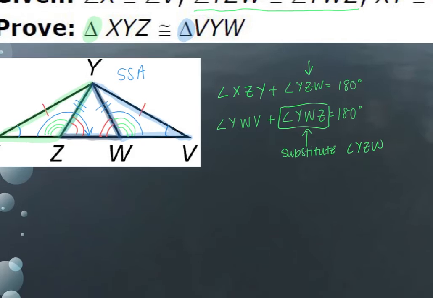So we're going to get angle YWV plus angle YZW equals 180 degrees.